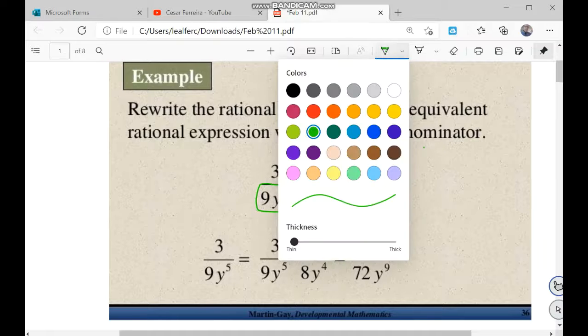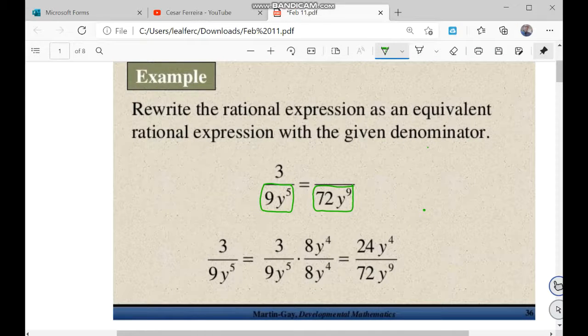We need this because after we find the least common denominator, we're going to use this expression, the least common denominator, as the new denominator. So this one probably someone was working and calculated as this and found this as the new least common denominator.